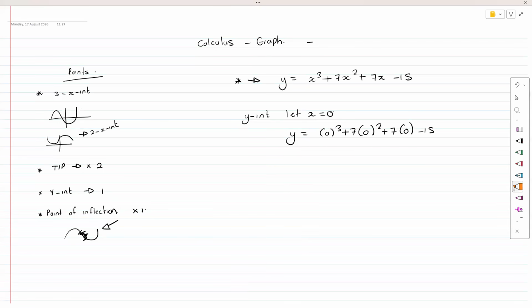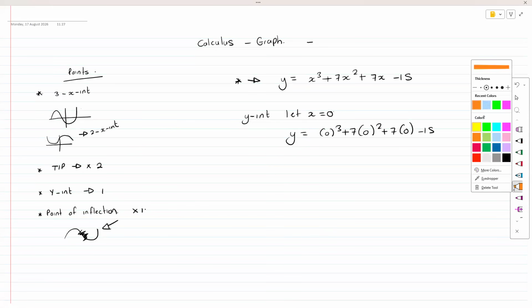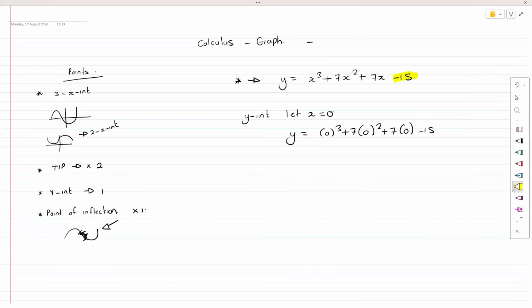Remember, calculus graphs are in terms of ax cubed plus bx squared plus cx plus d. The d value is the y-intercept. So here y is equal to minus 15, and the point is 0 and minus 15, right?